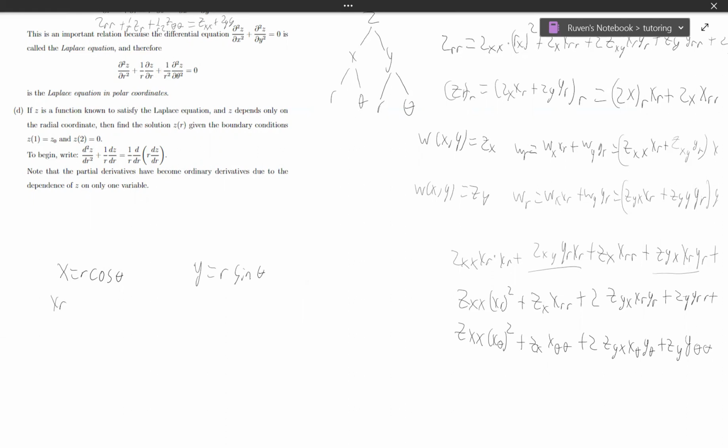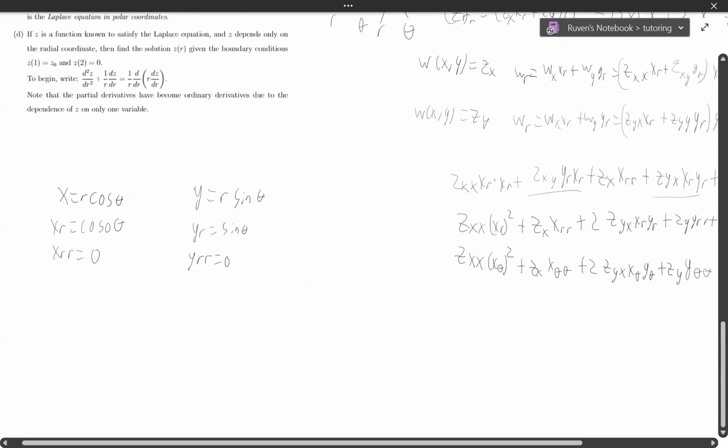So x in terms of r gives xr equals cos theta, and xrr is equal to 0. yr is equal to sine theta, yrr is equal to 0. Right below that we can write x theta. x in terms of theta: x theta is negative r sine theta, because the derivative of cosine theta is negative sine, and x theta theta is negative r cos theta.